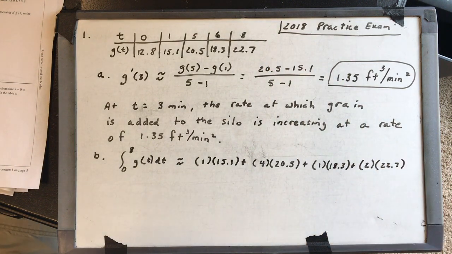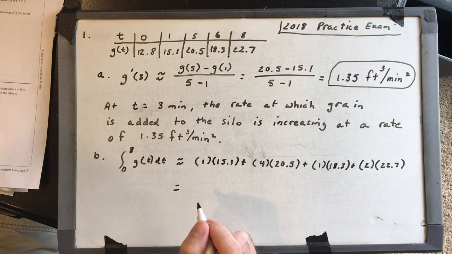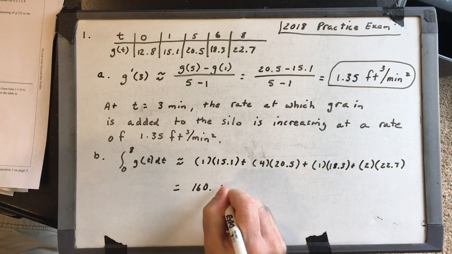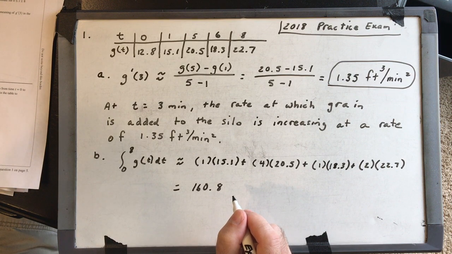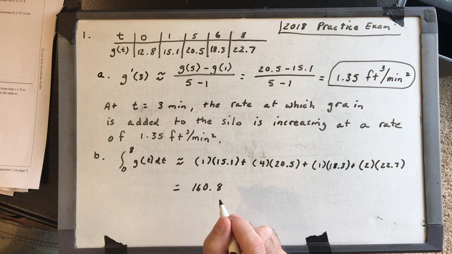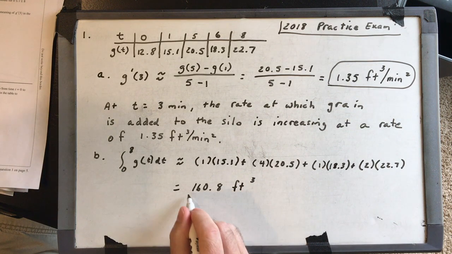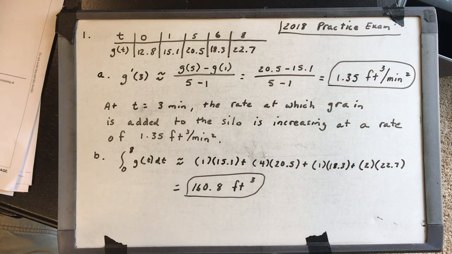Probably you'll get easier numbers than that on the 2020 test, but if you put that in your calculator, that'll give you 160.8. And of course, you've got to get the unit right, and that's going to be cubic feet. Definitely fair game. So I think A and B are both possibilities for the 2020 test.